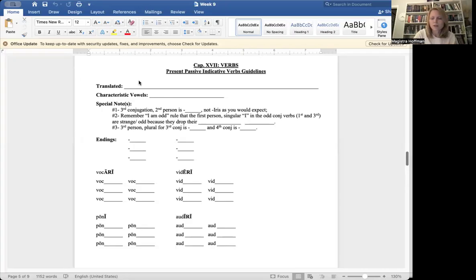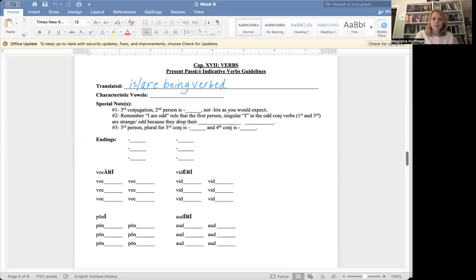As I said, we are working with the present passive indicative. When we're talking about passive, we have to have the little word being. We're still in the present, so we would have is or are, depending on if it's singular or plural, and then it's being verbed.